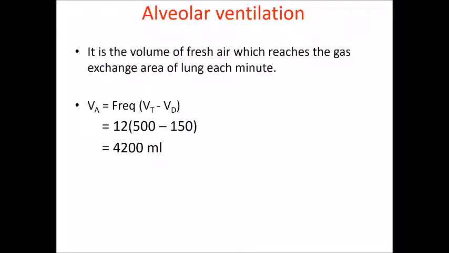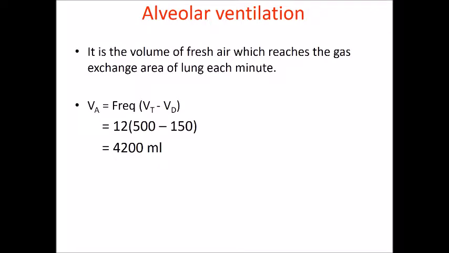VA, the volume of alveolar ventilation, is equal to frequency, meaning respiratory rate, multiplied by the bracket tidal volume minus dead space volume. Normal respiratory rate is 12, normal tidal volume is 500, normal dead space is 150, so our result is 4.2 liters.